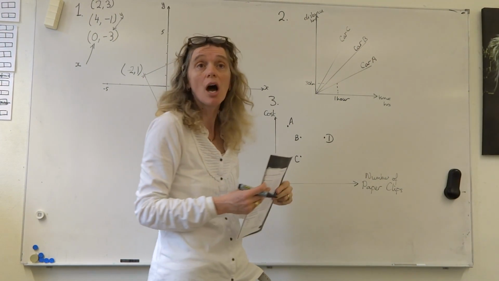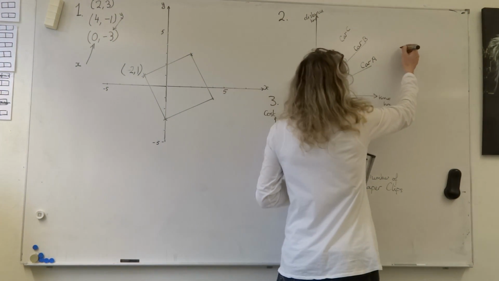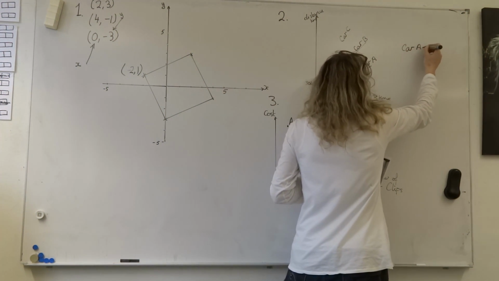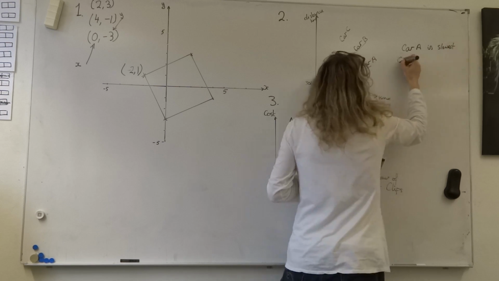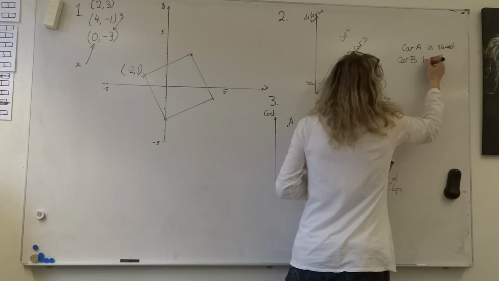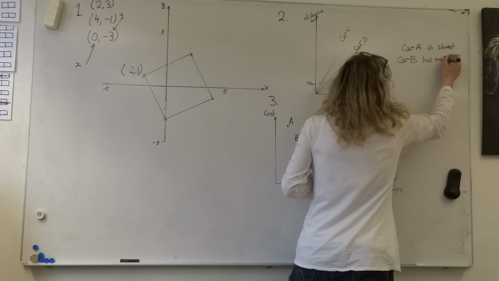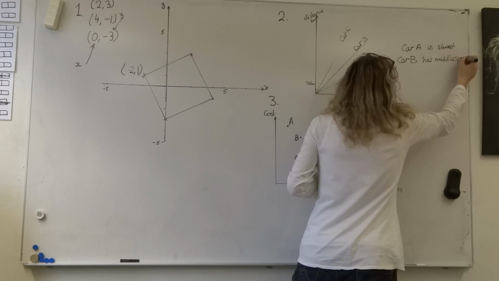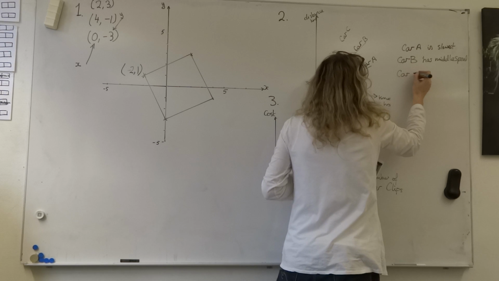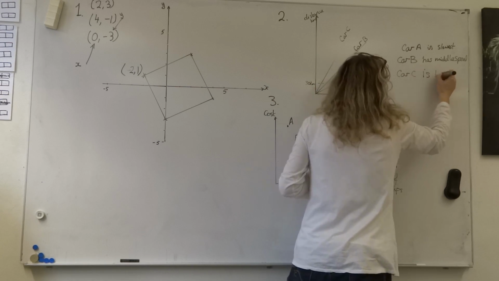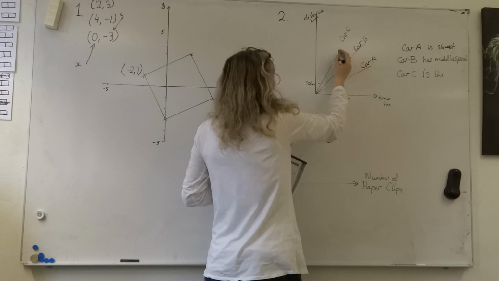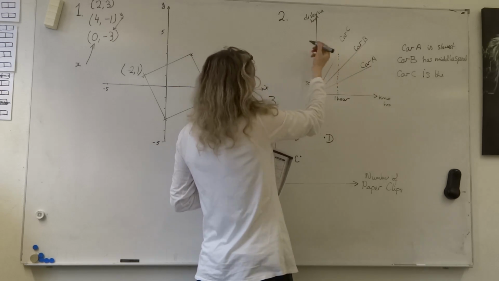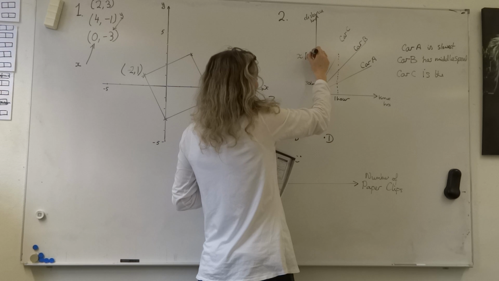So if you start with the slowest speed first, car A is slowest. Car B has the middle speed. And car C is the fastest. In the 1 hour time that it's travelled, car C looks like it's gone around 90 or 100 kilometers.